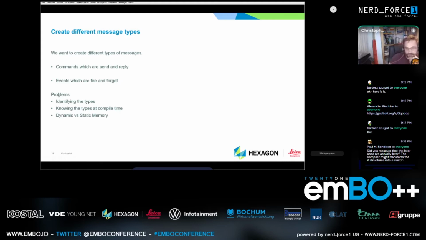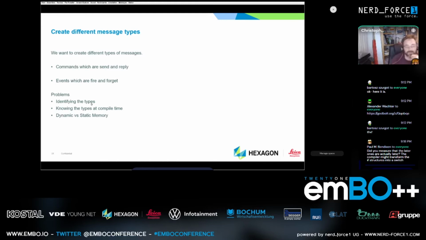But of course, now we have additional problems. We now have two categories of types. We need to distinguish between them when we are creating them, and we need to distinguish them when we are handing them to the channel, because the channel, in the case of a command, needs to generate a reply.